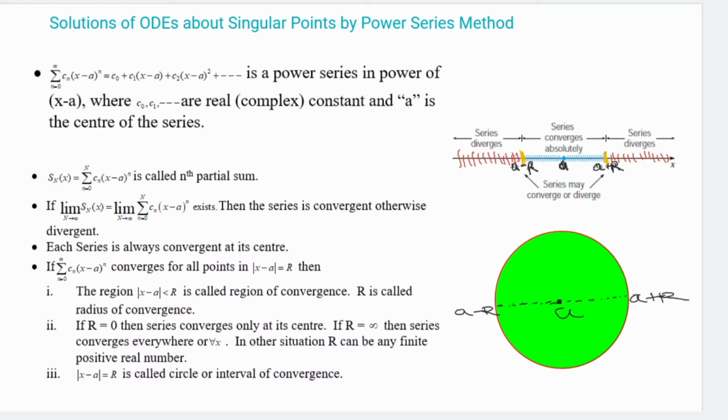That means if the center is a, then the series converges inside the circle. Outside the circle, the series always diverges. When the radius is 0, the series converges only at the center. When r is infinity, this series converges everywhere.